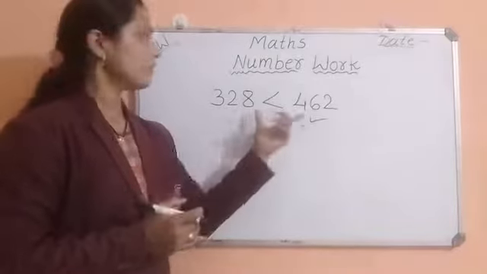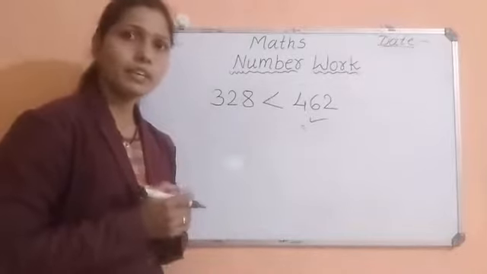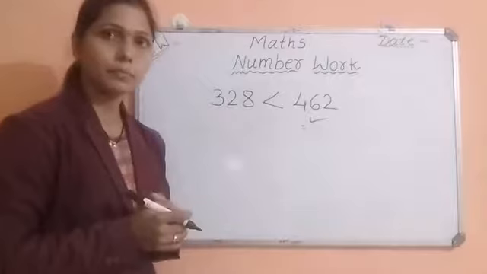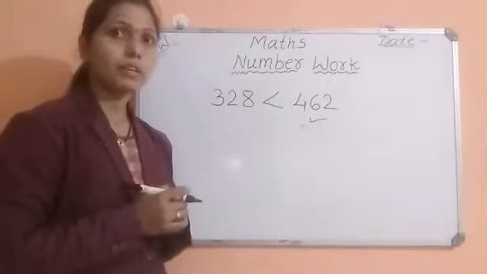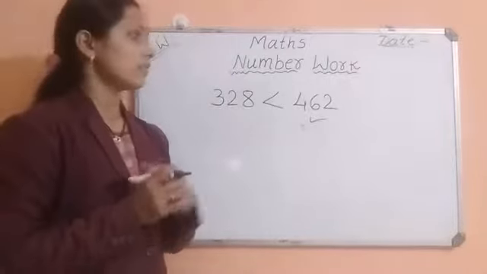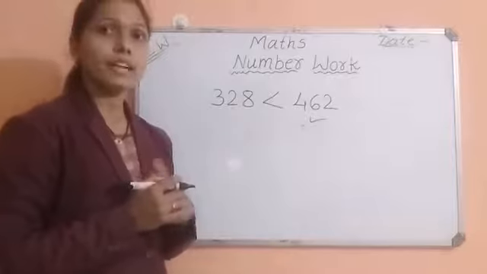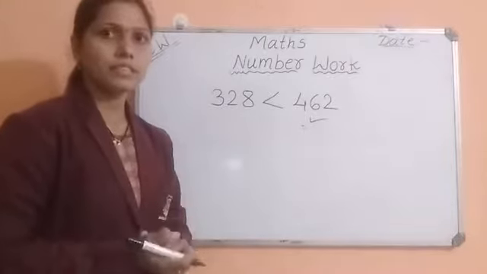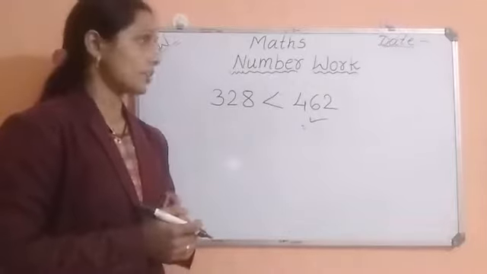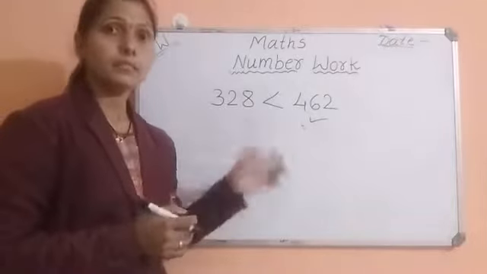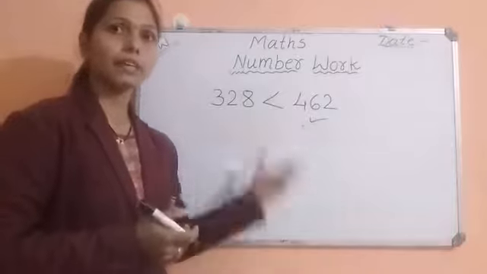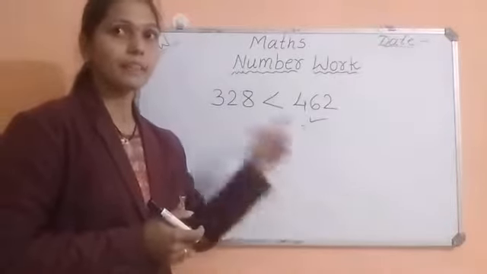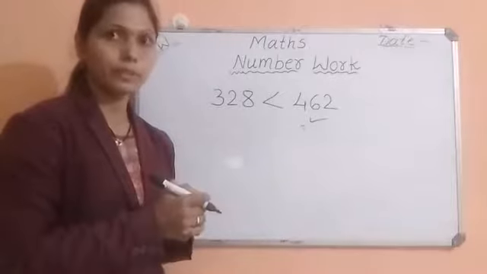Okay, that means, see, this is about a 3-digit number. If we take a 4-digit number, then how can we say that the number is greater or smaller? Same thing is there only. There also, the number which has greater 1000, that number is bigger one.